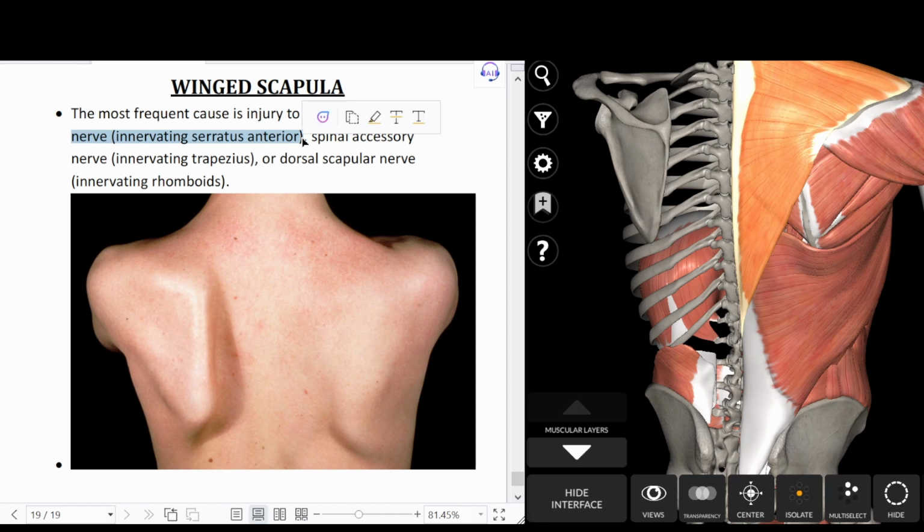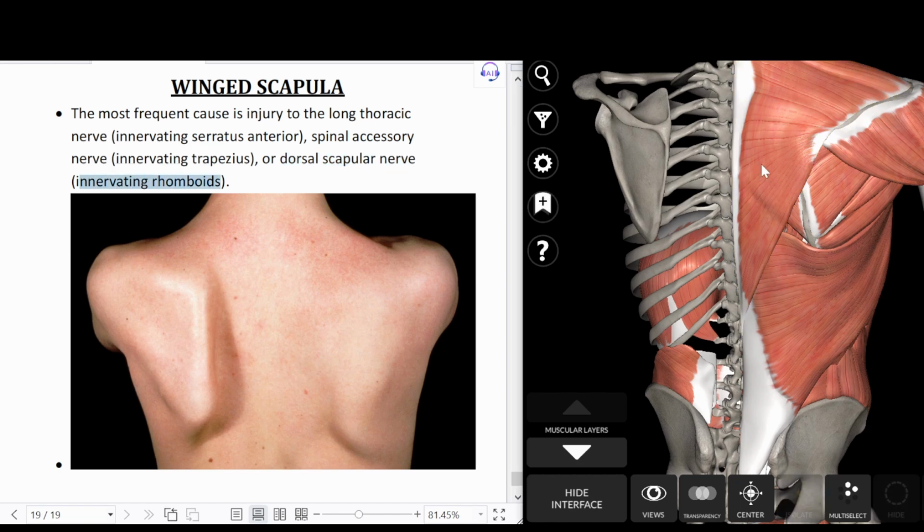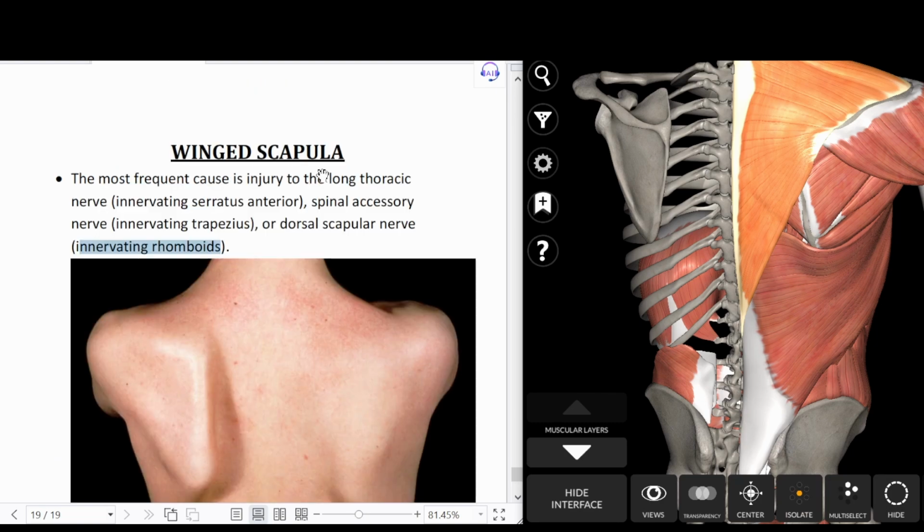This is the most common type of winged scapula. If there is an injury to the spinal accessory nerve, it will damage the trapezius muscle. This is the second most common, and the least common is damage to the dorsal scapular nerve, which will be innervating your rhomboids. Okay, so this was all about the scapula.